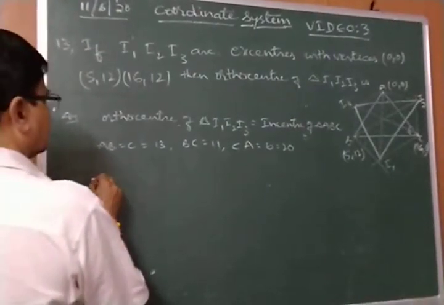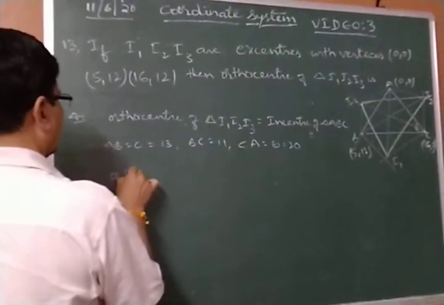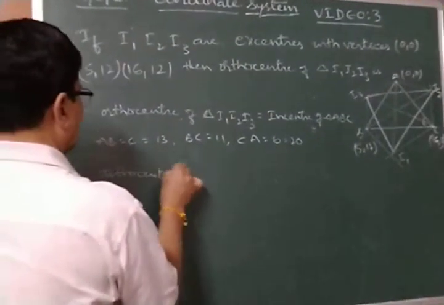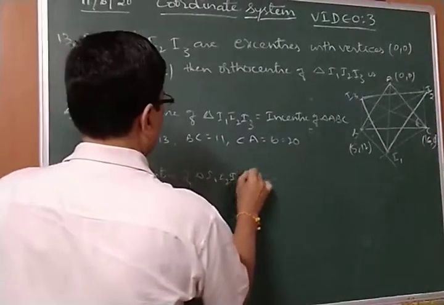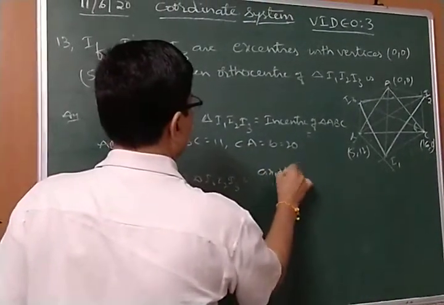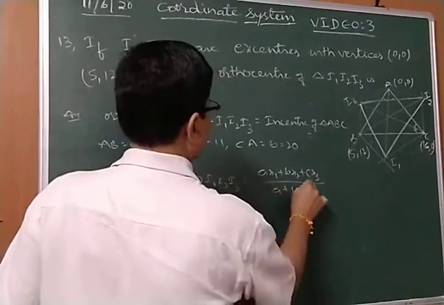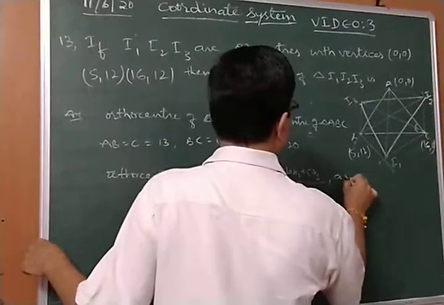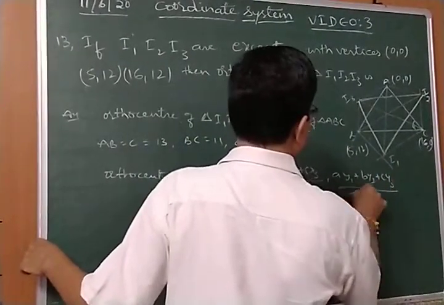Therefore, the incenter, that is the orthocenter of triangle I1, I2, I3, is equal to (a x1 plus b x2 plus c x3) by (a plus b plus c), (a y1 plus b y2 plus c y3) by (a plus b plus c).